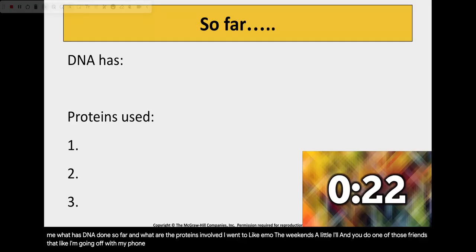Any plans or costumes? I bought a tinsel hat yesterday, which I'm very excited about. Nice, I love it.